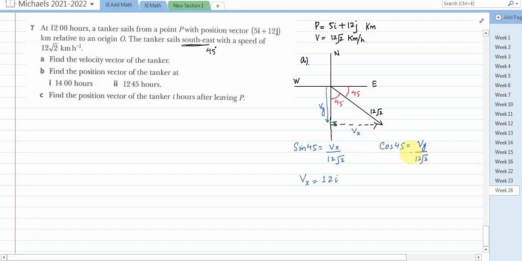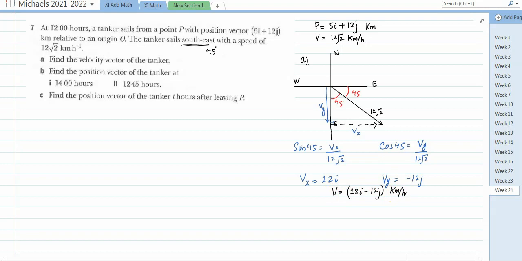Sine 45 and cos 45 are the same, so the velocity y component is 12j, but this time it will be minus 12. So the final answer for velocity is 12i minus 12j, in kilometers per hour. Alright, that is your first part.